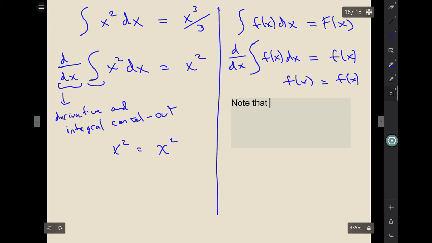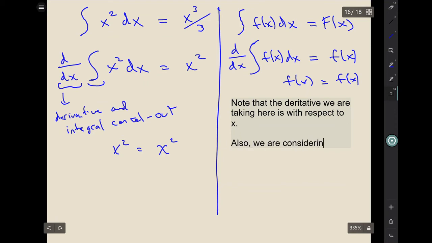So note that the derivative we are taking here is with respect to x. Also, we are considering an indefinite integral.